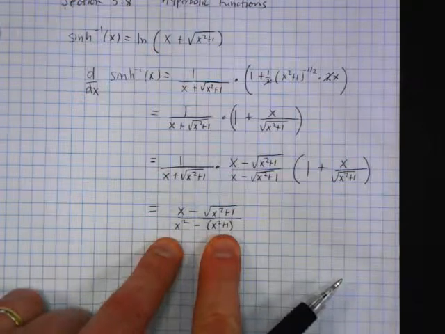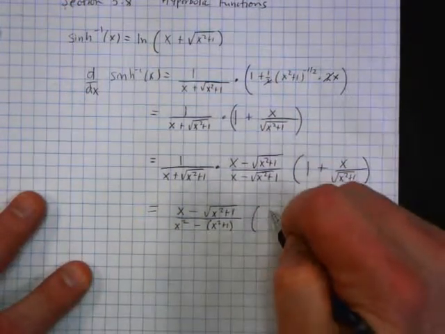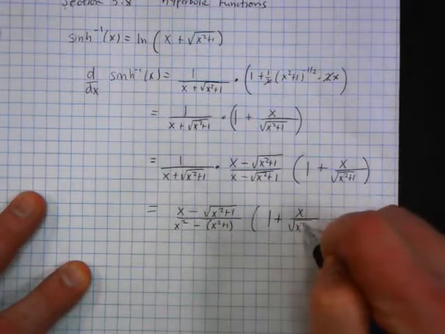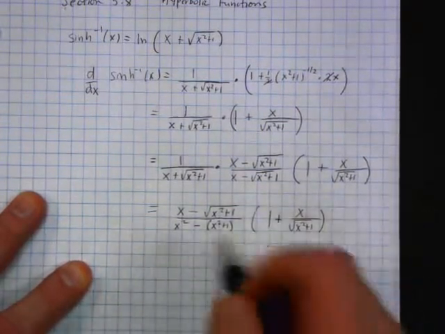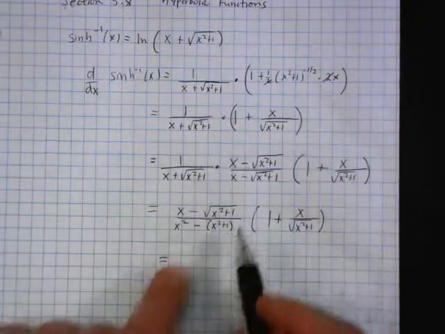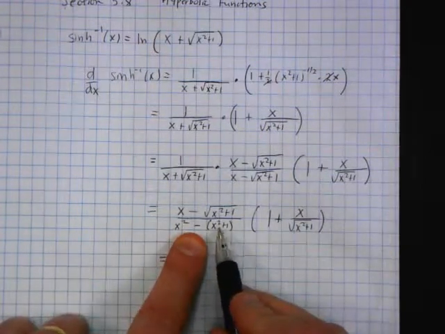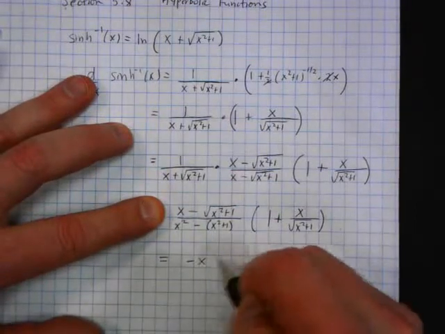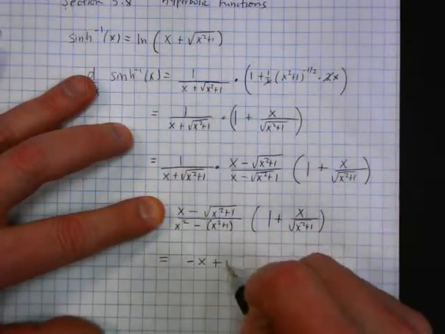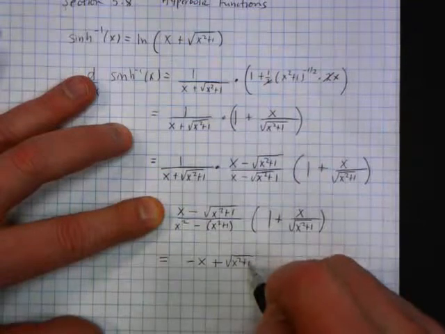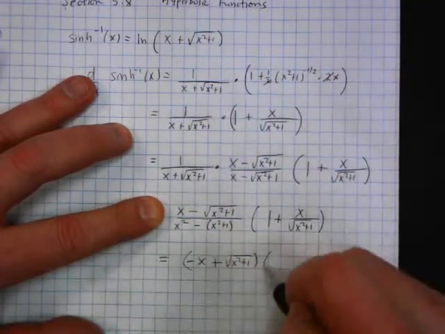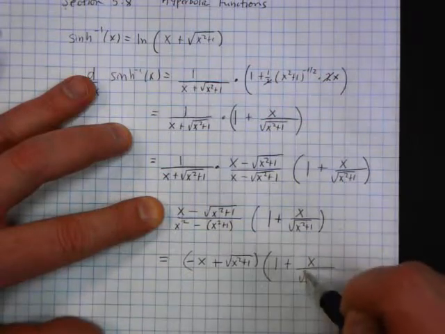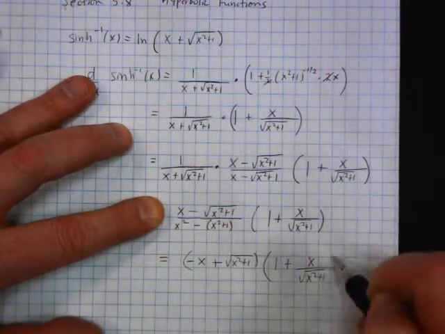Run that minus sign through. Times 1 plus x over square root of x squared plus 1. So this is, you said this was a negative 1. So that's going to be negative x plus the square root of x squared plus 1 times 1 plus x over the square root of x squared plus 1.